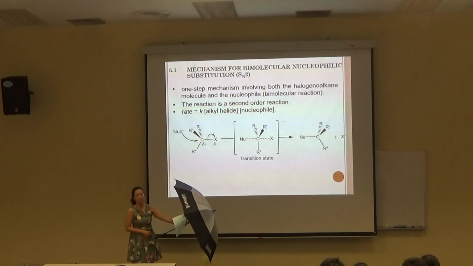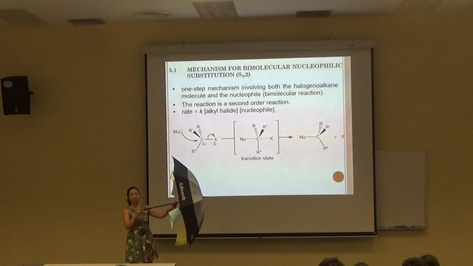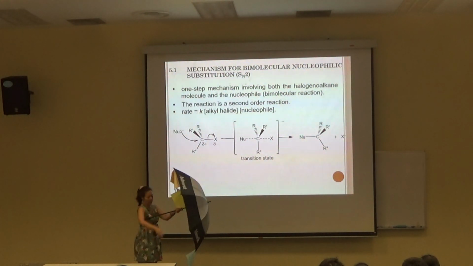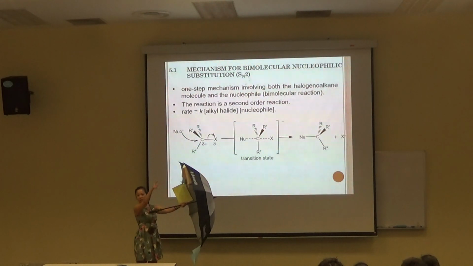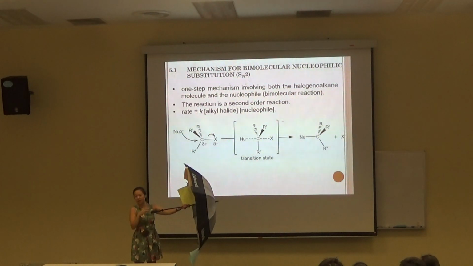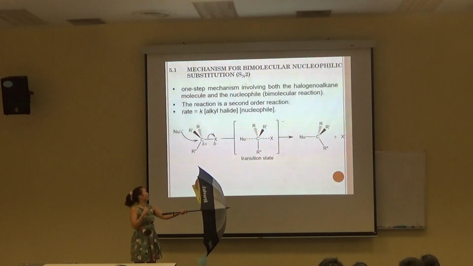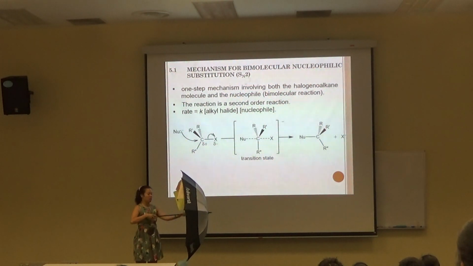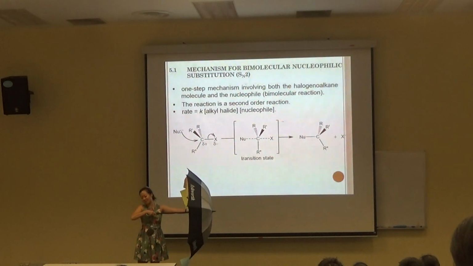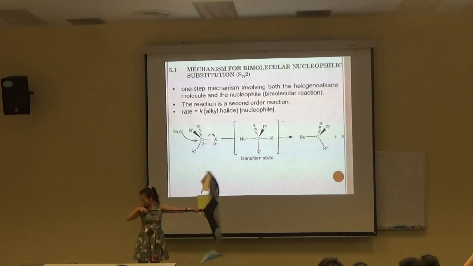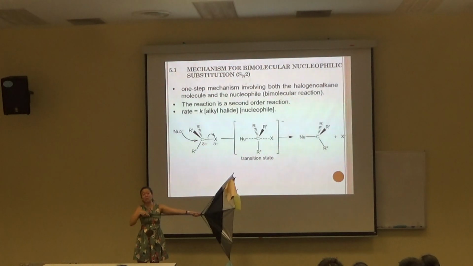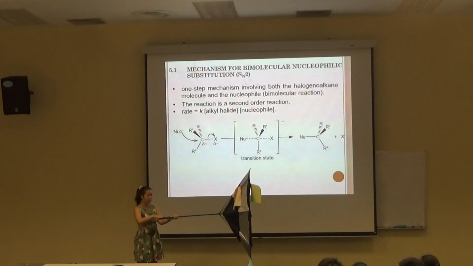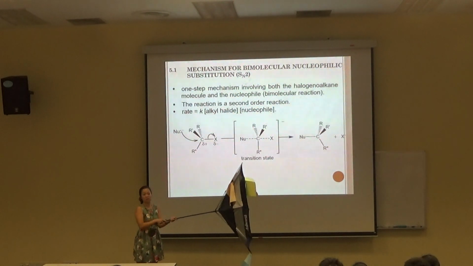Can you visualize the tetrahedral first? The halogen is right at the other end. I have 1 R group, 2 R groups, and 3 R groups in a tetrahedral manner. Okay? I am acting like the nucleophile, so I'm attacking from the back. And when the halogen leaves, that's what we mean when we say there is an inversion. Because the new product involves the nucleophile and the 3 R groups.